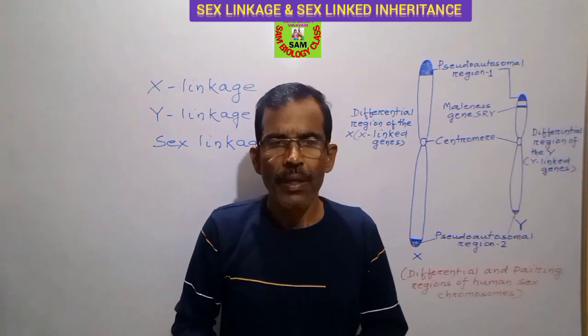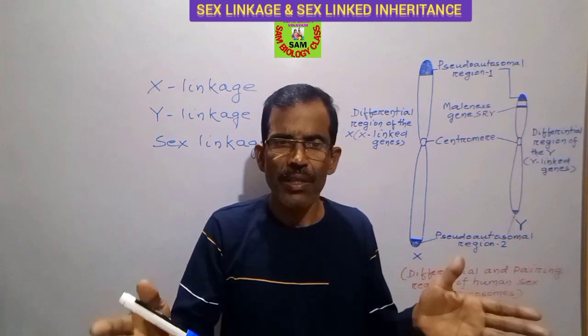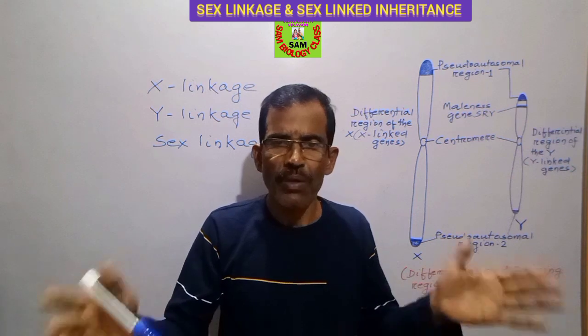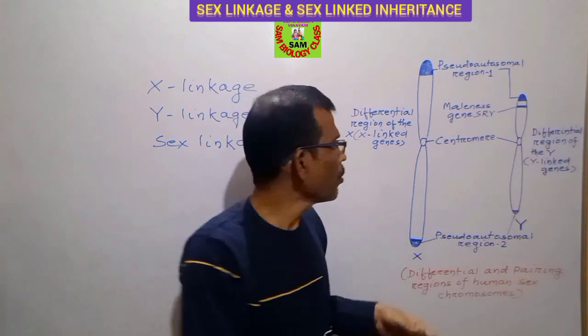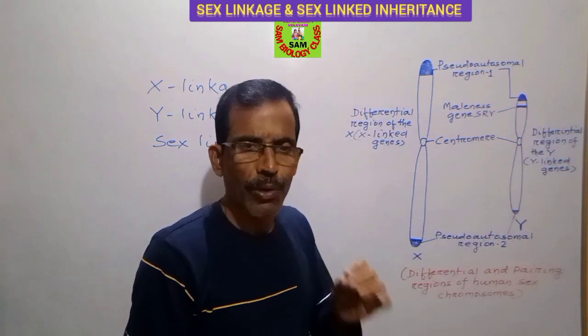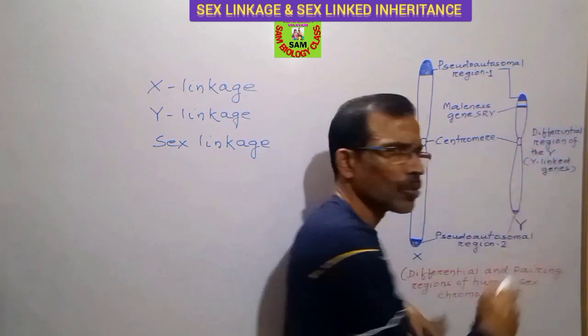The genes that are localized in the differential region of the Y chromosome are involved in male sexual function. For example, the gene SRY that determines maleness is localized in the differential region of the Y chromosome.